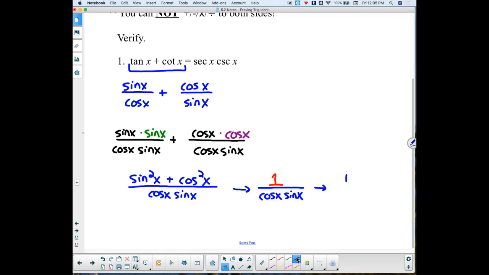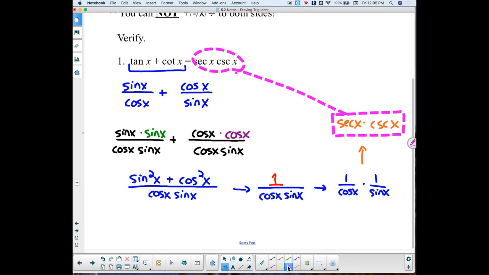This is 1 over cosine times 1 over sine, right? Which is 1 over cosine is secant, 1 over sine is cosecant, which is what I needed it to be.